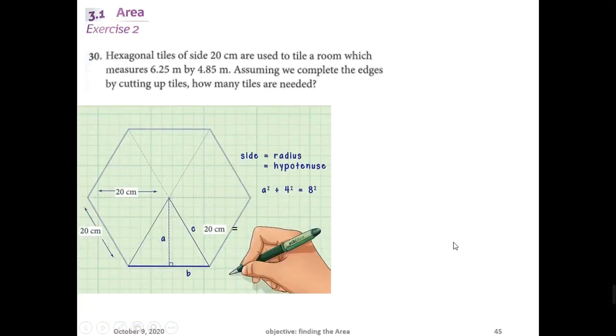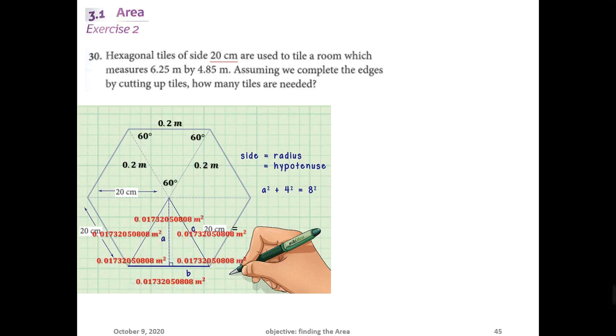So as we explained, let's do that once again. This is the one tile and the dimension of each side is 0.2 meter. And we have inside that hexagon 6 triangles. Each triangle is an equilateral, where in an equilateral triangle all sides are equal, all angles are equal.